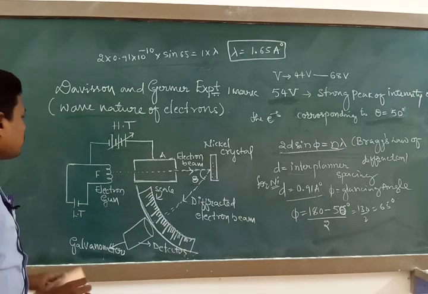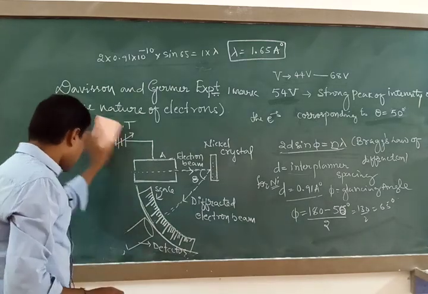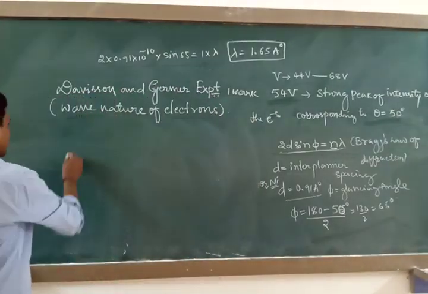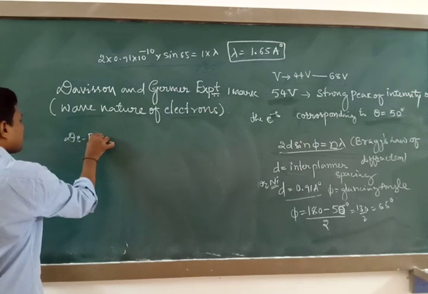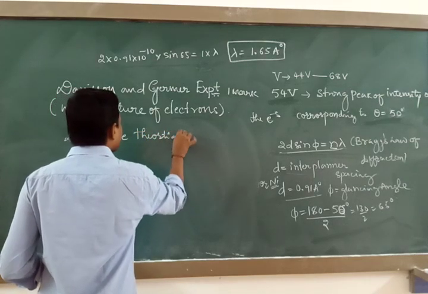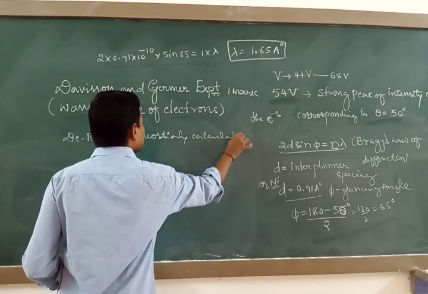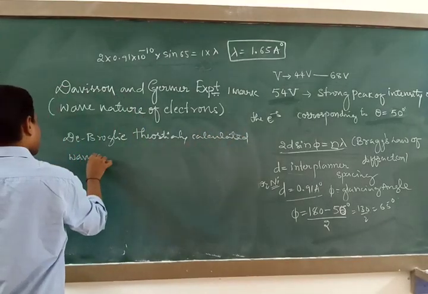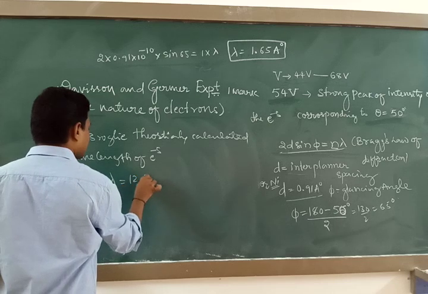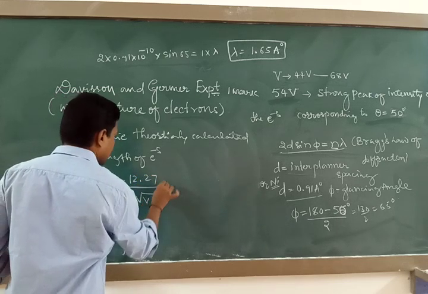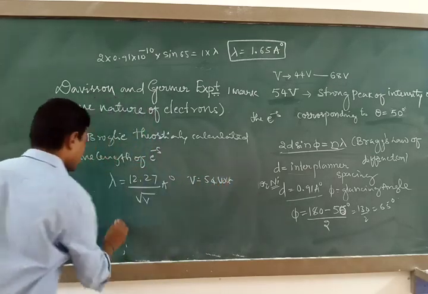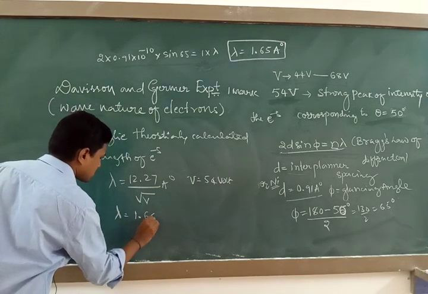And if you look at that value, as well as the theoretical value calculated by de Broglie, that is lambda is equal to 12.27 by root V, corresponding to V is equal to 54 volt, then the lambda I am getting is 1.66 angstrom.